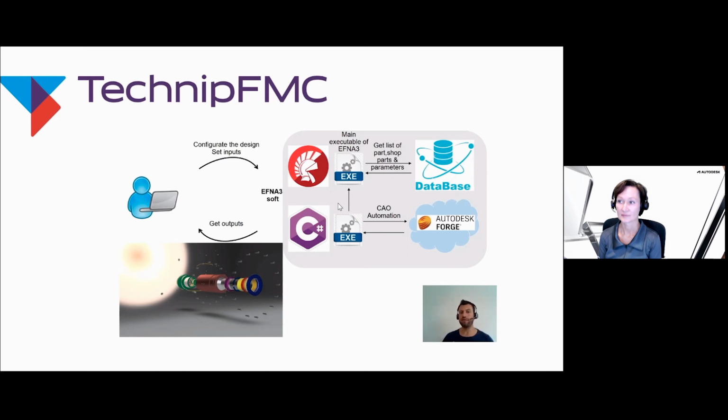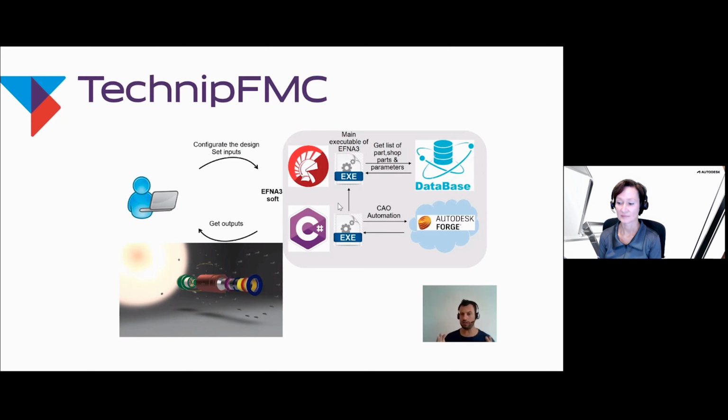So from this information of the user, we can get from our database the whole list of parts needed for this design, and also the shop part. And with this information, we can do some calculation of the end fitting, and after that we get all parameters to make the configuration of the 3D design.